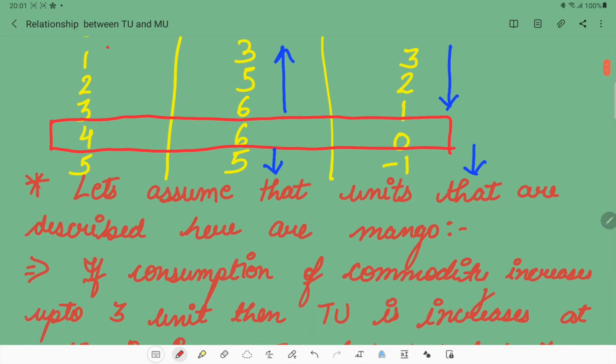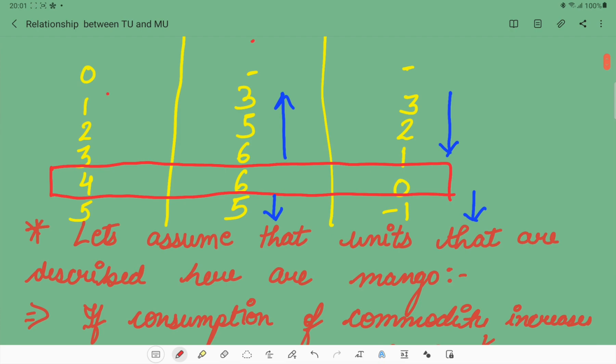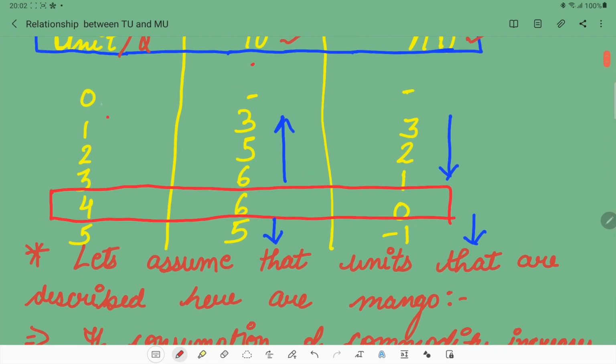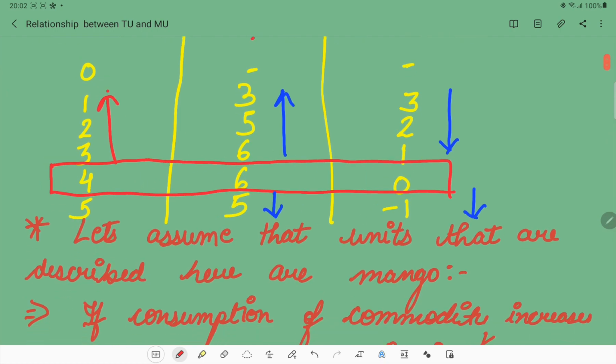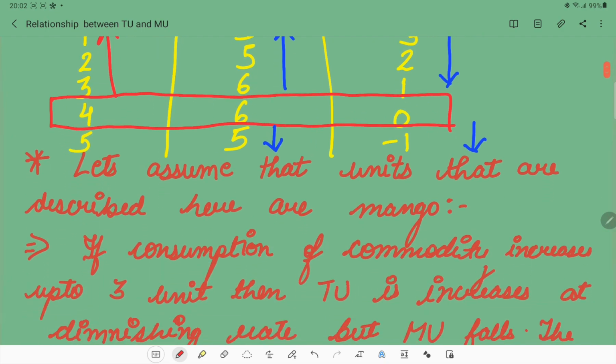Now let's say the unit we are consuming is a mango. The table represents that if we consume up to 3 units of mangoes, then what change are we seeing? We are seeing that MU is decreasing, but TU is also increasing, but the increase in TU is at a diminishing rate.